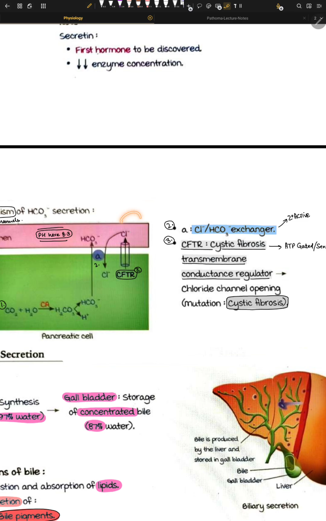The origin of this chloride is from something called CFTR channels. CFTR, cystic fibrosis transmembrane conductance regulator. Now this is a chloride channel, and if we have a mutation in this, we will not be able to produce chloride inside this lumen. If we have less chloride, we will not be able to use this exchanger. If we have a bad exchanger, we will not be able to produce bicarb inside the lumen.